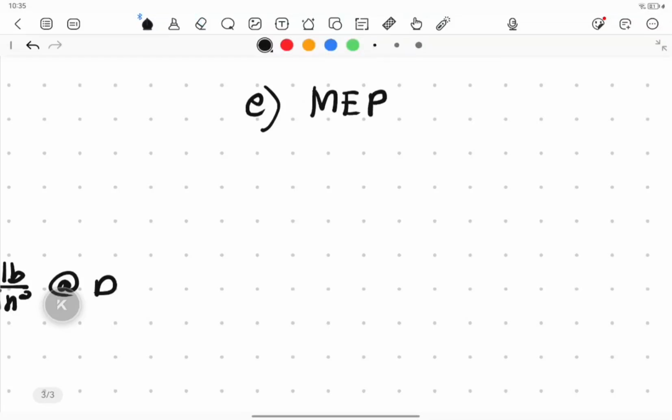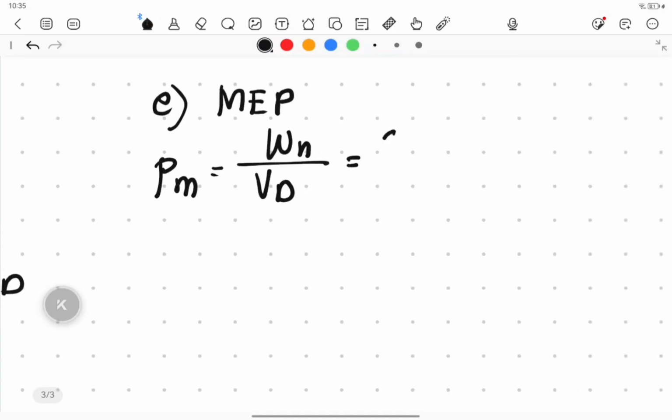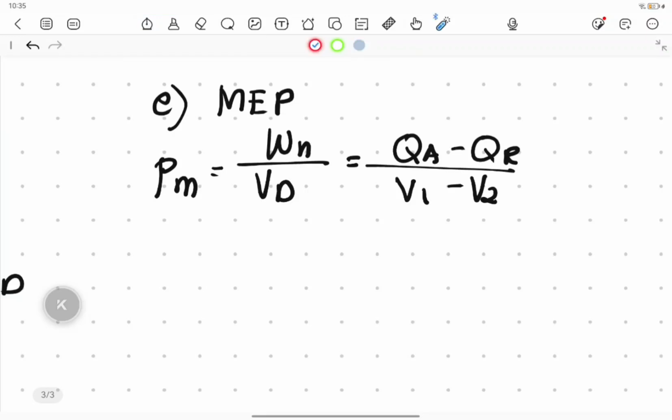So the mean effective pressure, or P sub M, has a formula: work net over volume displaced, and work net is QA minus QR, and our volume displaced is V1 minus V2. Since we are given QA, also V1 and V2, it will be hard to get QR.